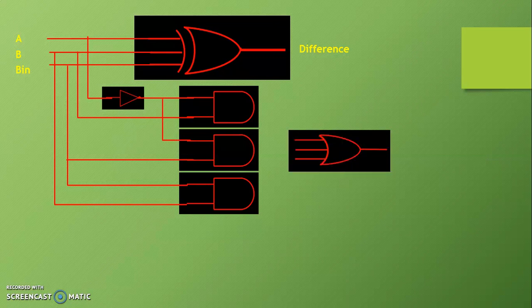We use one OR gate, and output of all the AND gates, that is product terms, is given as an input to the OR gate, and output of the OR gate we can take as a final borrow. So this way we can realize logic circuit for the full subtractor with the help of exclusive OR gate, AND gate, OR gate and NOT gate.